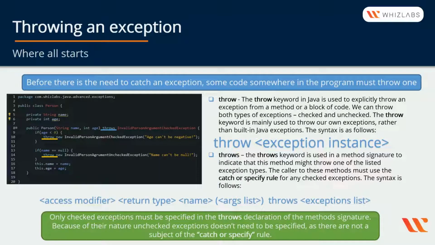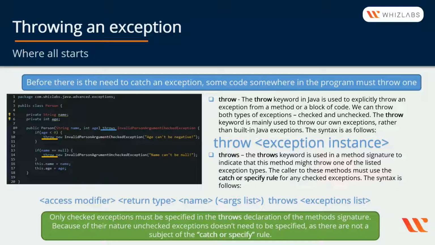The throws keyword is used in a method's signature to indicate that this method might throw one of the listed exception types. The caller of these methods must use the catch or specify rule for any checked exceptions. The syntax is as follows: access modifier, return type, name, followed by the arguments list, and then the throws clause, which is using the keyword throws and an exception list.